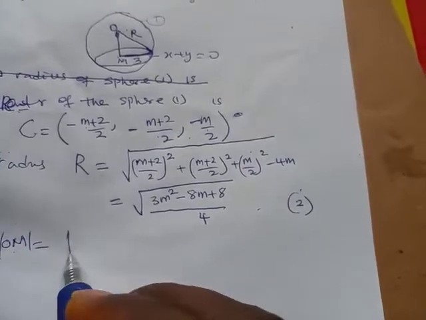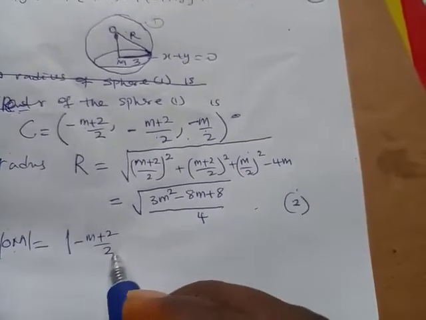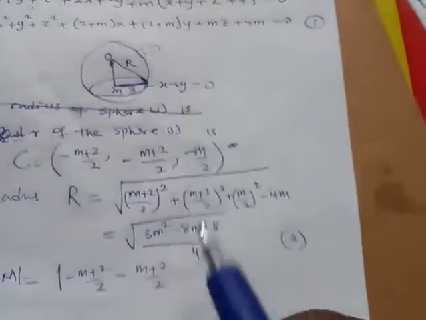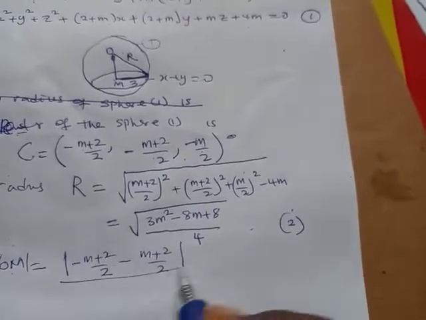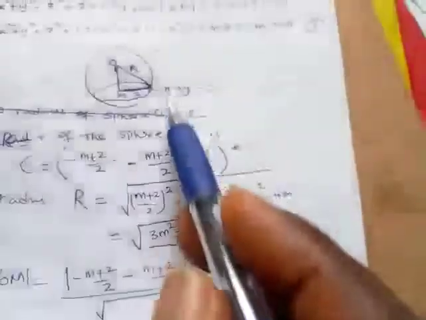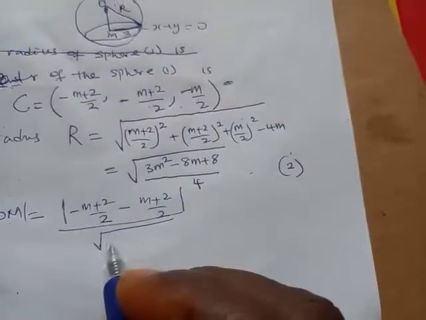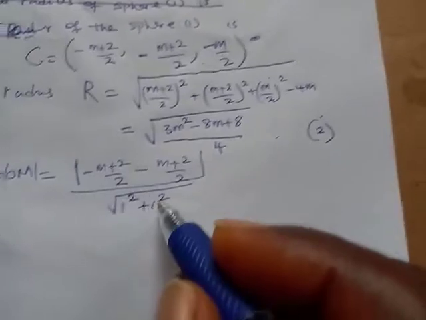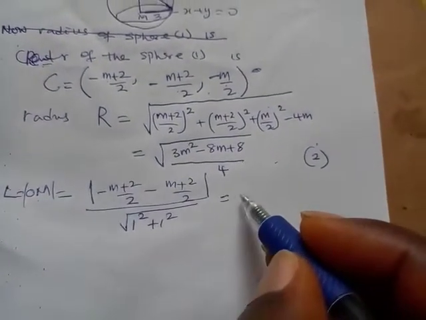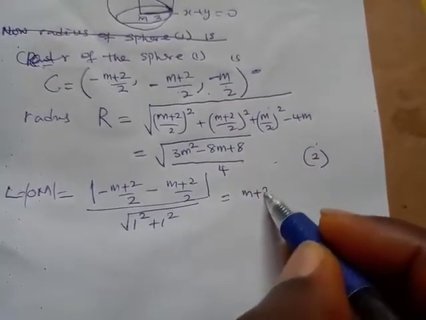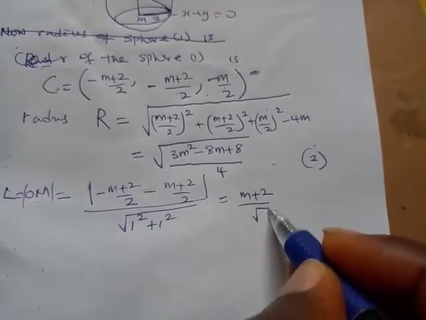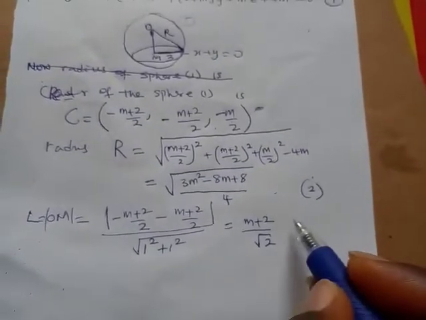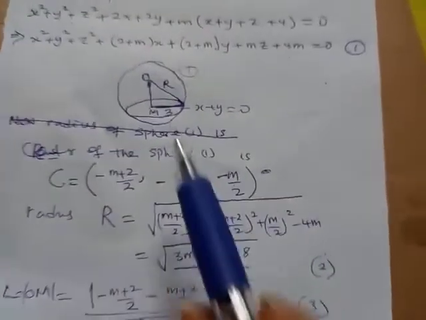If we substitute it, we have minus (m plus 2) over 2 minus (m plus 2) over 2. There is no z there. We close it, then over the square root of the coefficients squared. The coefficient of x there is 1, and the coefficient of y there is 1 as well. So we have the square root of 1 squared plus 1 squared. And this will just give me (m plus 2) after we have taken the absolute value, over the square root of 2. So this will be our length OM.